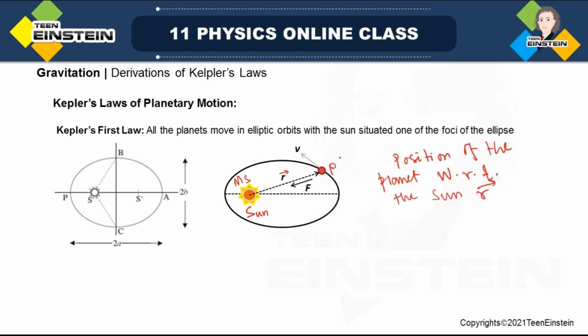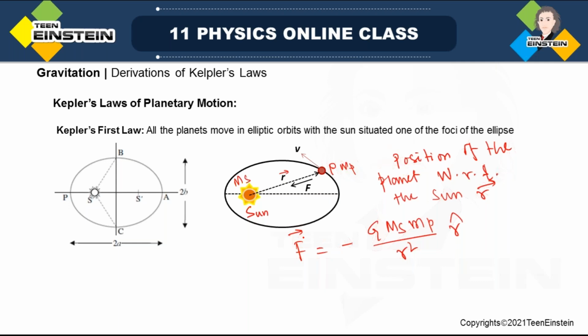If suppose mass of the sun is ms and mass of this planet is mp, then the gravitational attraction exerted by the sun on this planet will be F is equal to minus G ms mp by r square. And this is along the r vector with a minus sign.